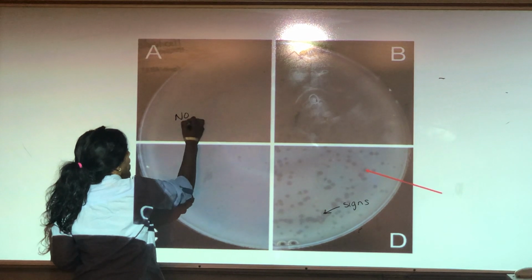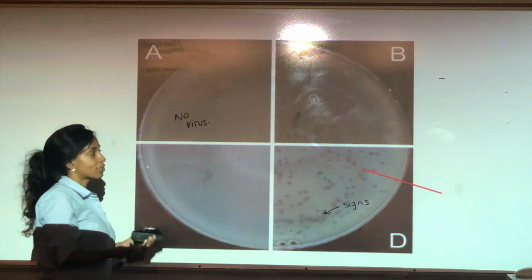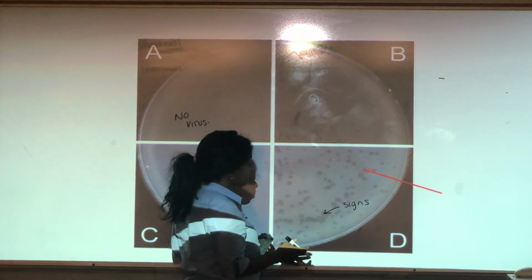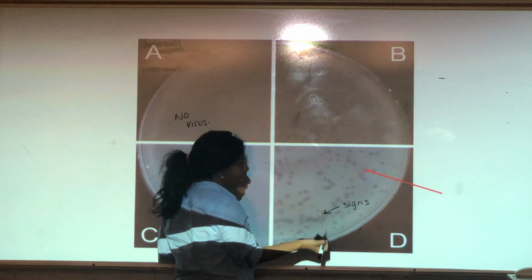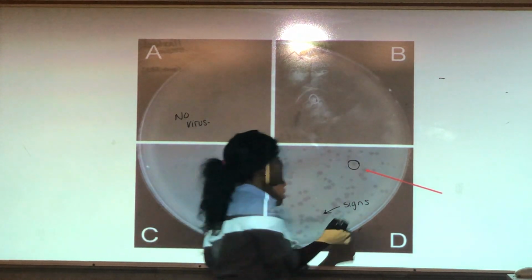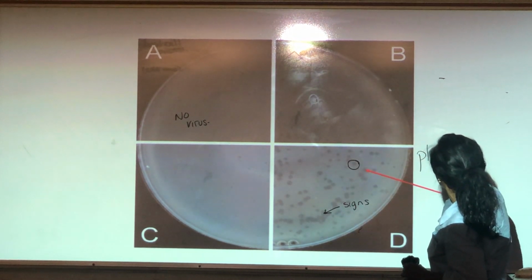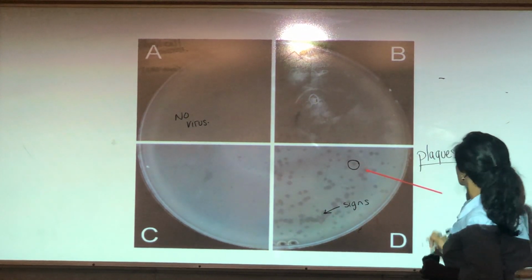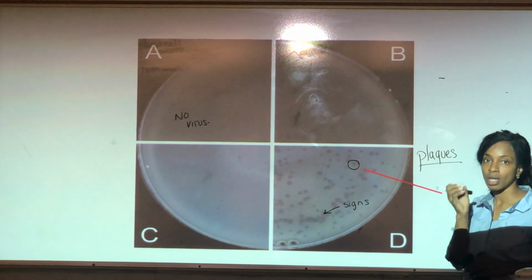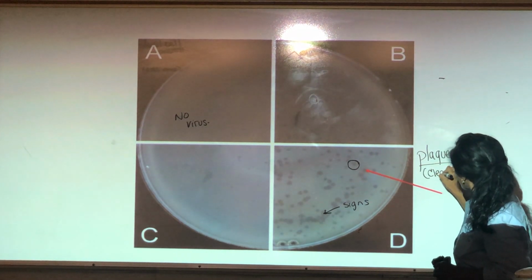So no virus injected, or the virus didn't infect here. But in this case, if the virus has infected the cells, we'll see these little plaques. And the plaques are going to be these clear areas, so P-L-A-Q-U-E-S, plaques. All right, so they'll look like these, almost like the zone of inhibition, where you see these clear areas.